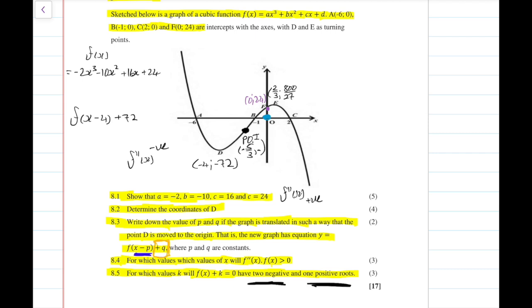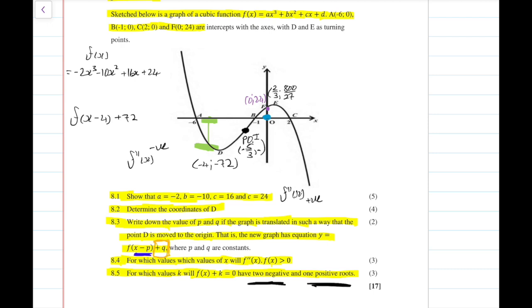The only way to do that is to shift it between 0 and 72 units up. Not all the way to 72, because if we shift it up exactly 72, it's going to go up and then come back down like that, and it's going to have one negative and one positive root or intercept. We want to make sure that we continuously have two negatives.